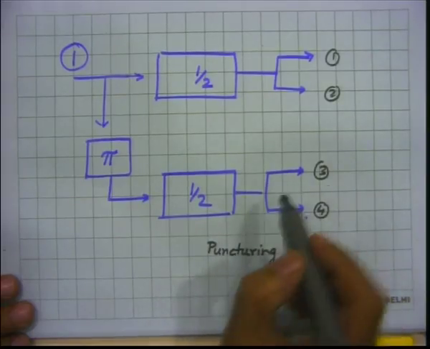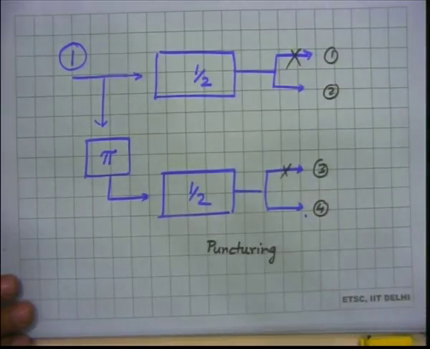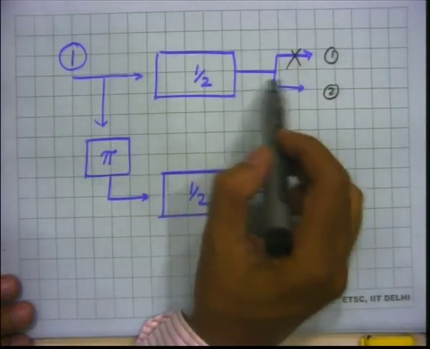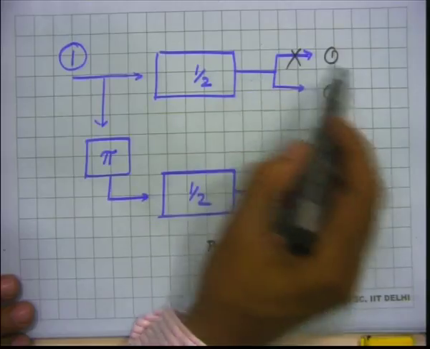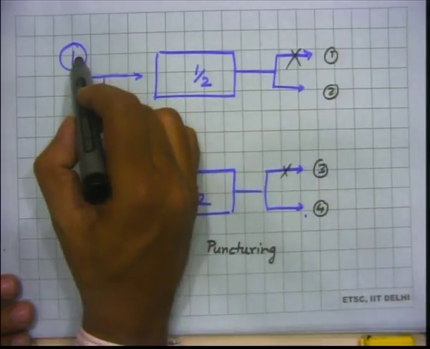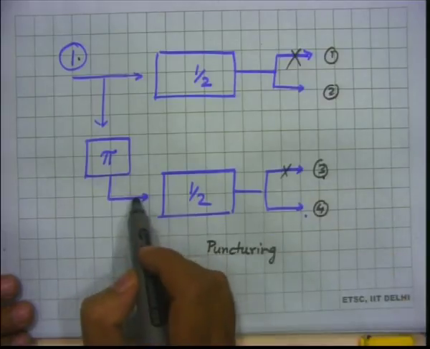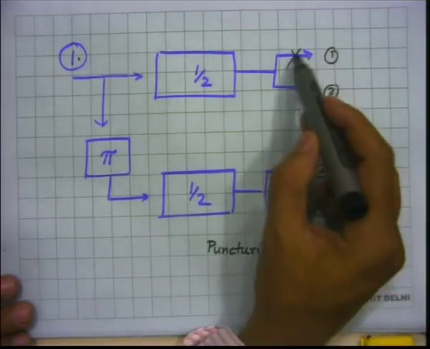So, we can possibly drop one of them, and if this is actually a systematic encoder, then this first bit is identical to this one, but not this one, because this comes from an interleaved version. So, you can drop any one of them.